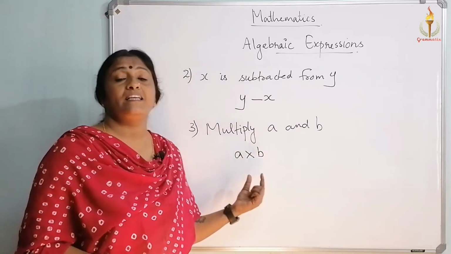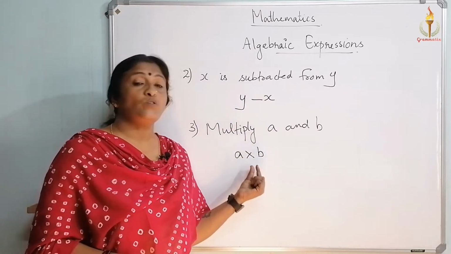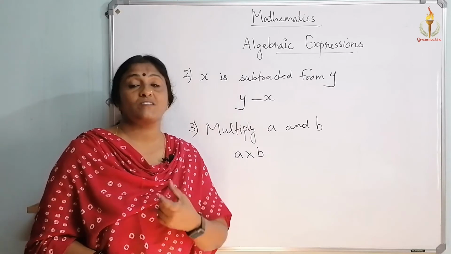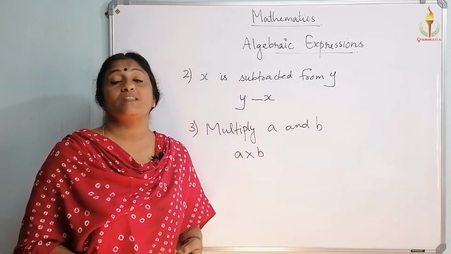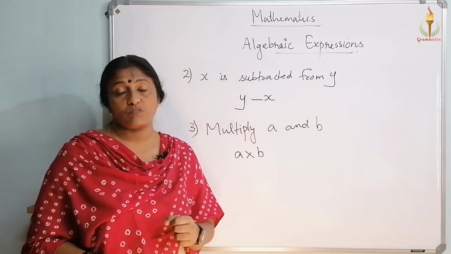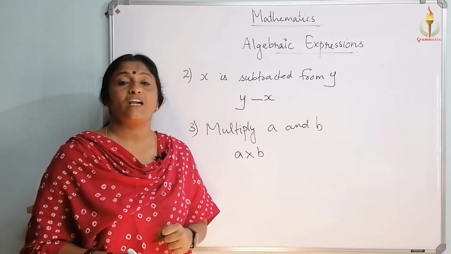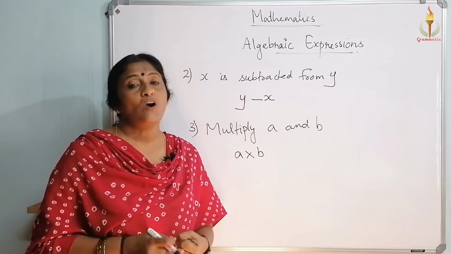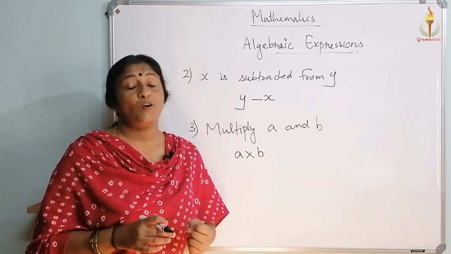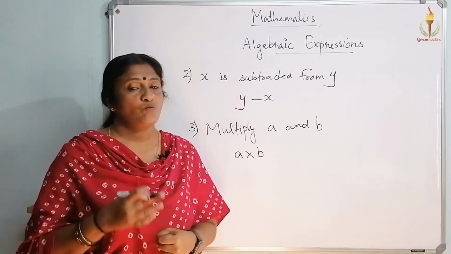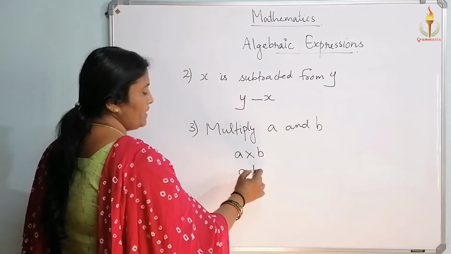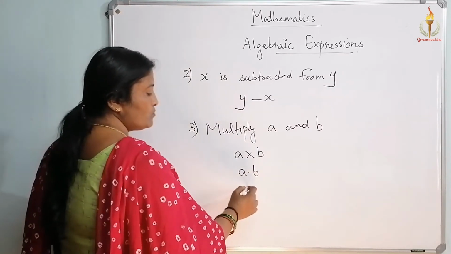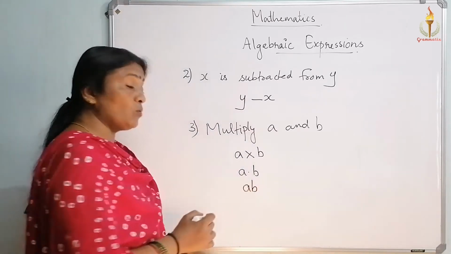Now here in algebra, we don't use the multiplication symbol as such, because it is always confusing with the x that we are using. So instead of that, we either don't put any symbol, or we put a dot, or we use a parenthesis. So you have three options, either you write it as a dot b, or you just write it as ab without any symbol.